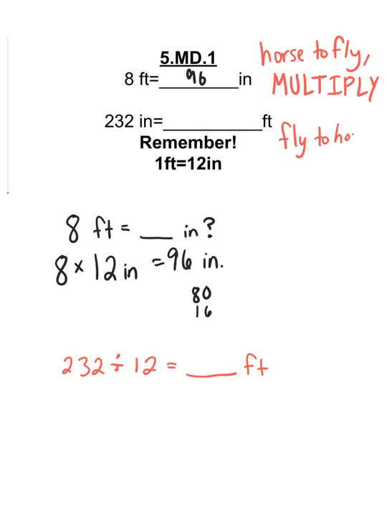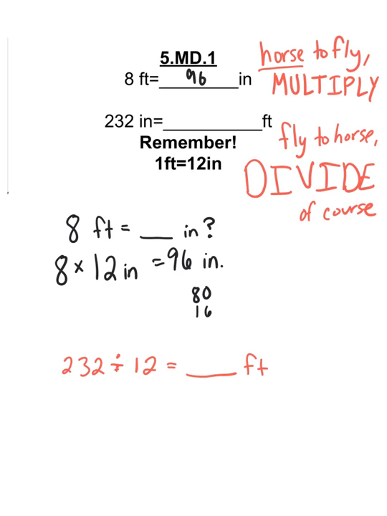Fly to horse. What's the opposite of multiply? Divide, of course. All right, so let's think about what this means. Horse to fly, multiply. That means that if you have a bigger unit of measurement that you're converting to a smaller one, horse is the bigger unit of measurement, fly is the smaller unit of measurement, then you're going to multiply.